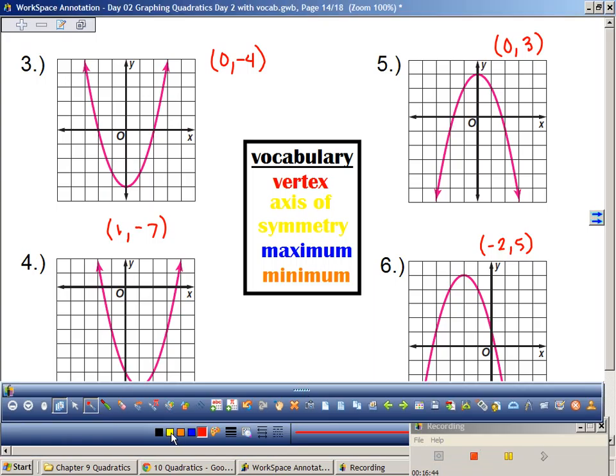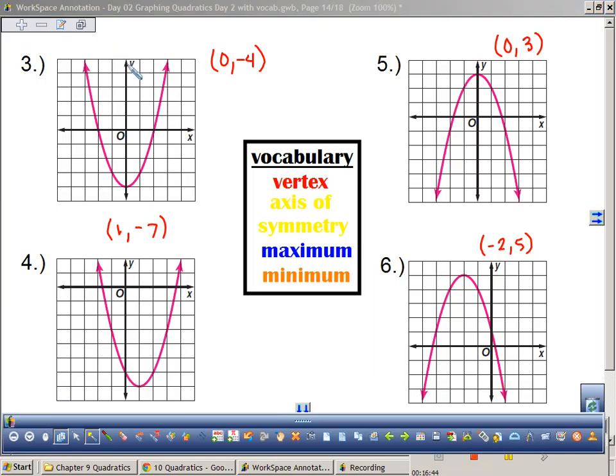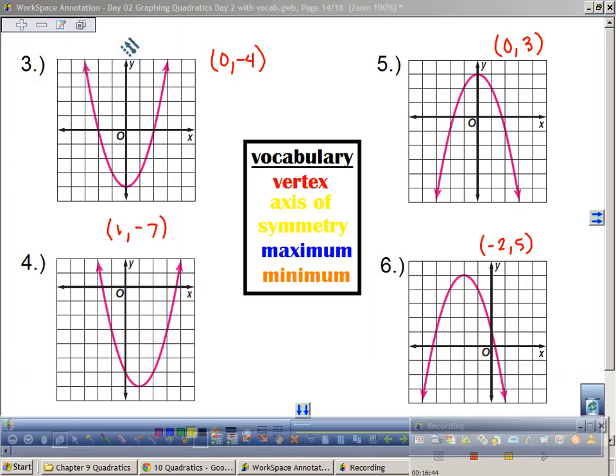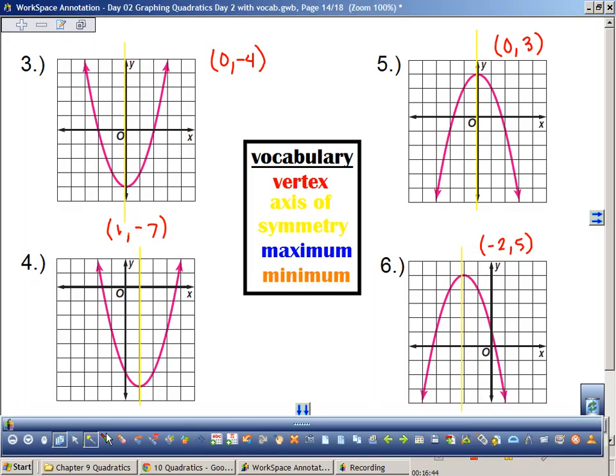5. Axis of symmetry. So this one would be, let's just draw them in first. There's that one. There's that one. Here's this one. And this one.